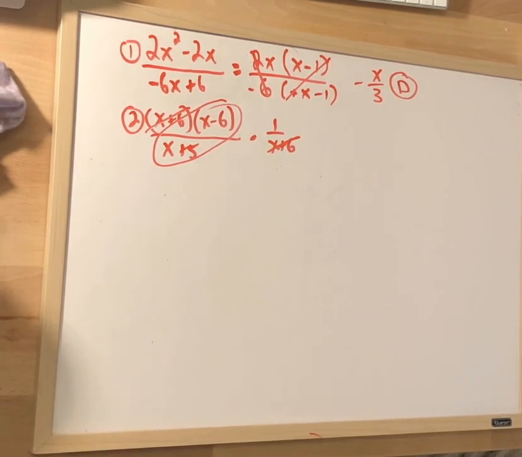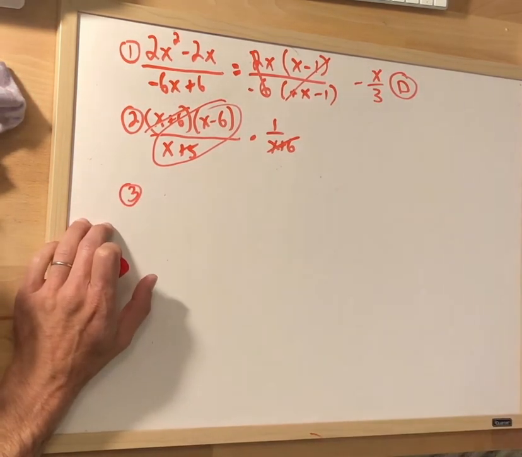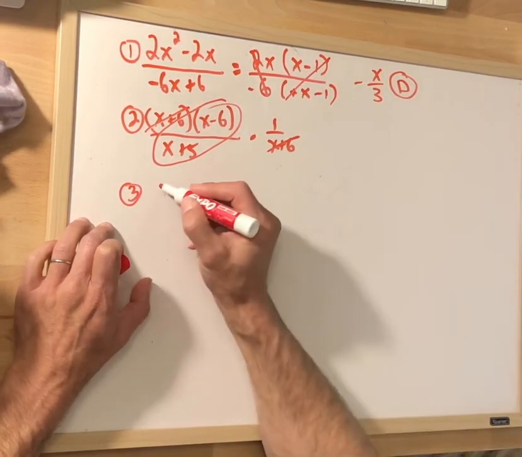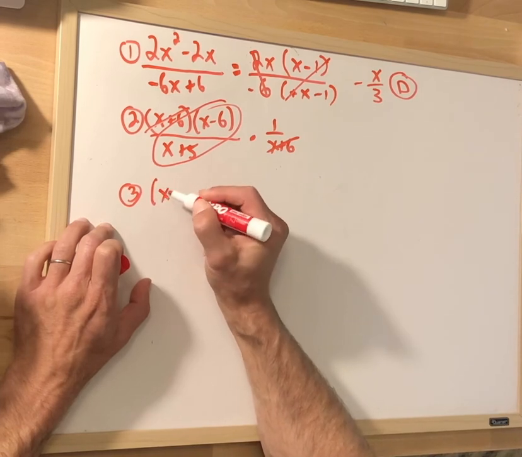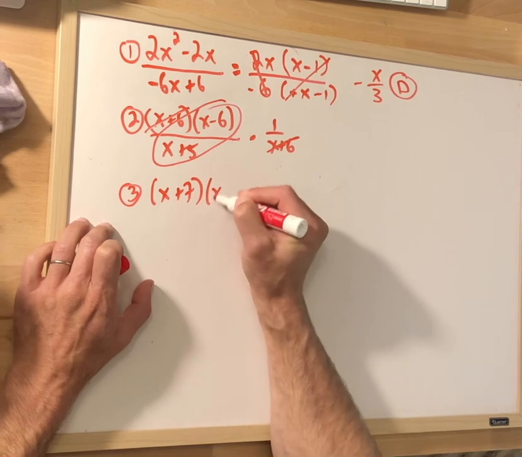All right, number 3. Same thing for number 3. I'm just going to factor everything out. For number 3, I can have two numbers that multiply together to get 21 and add together to get 10, which is 7 and 3.